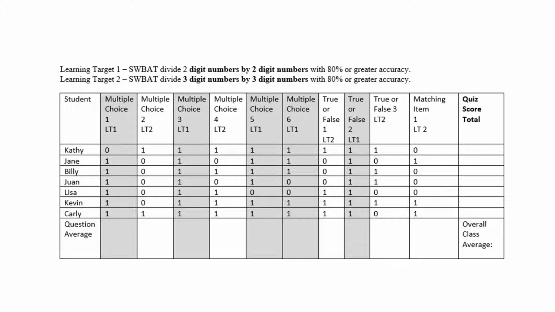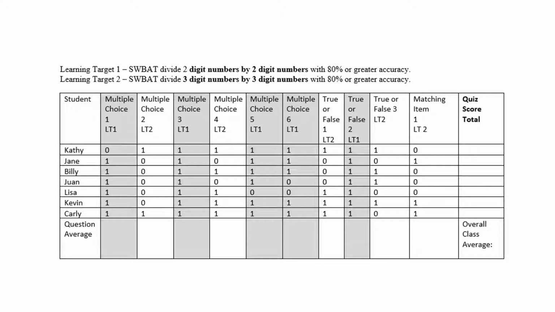A 0 means the student missed the question, a 1 means the student got it right. If you look at the top row, you can see the types of questions there are. For example, multiple choice 1, multiple choice 2, multiple choice 3, etc. It does not matter if your actual quiz does not line up with the order of these questions.